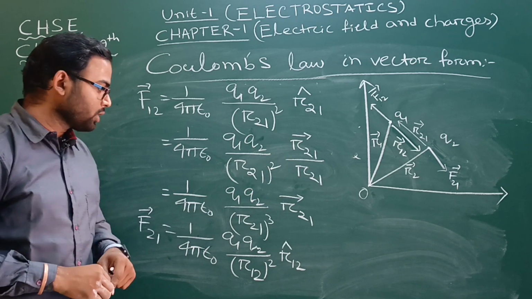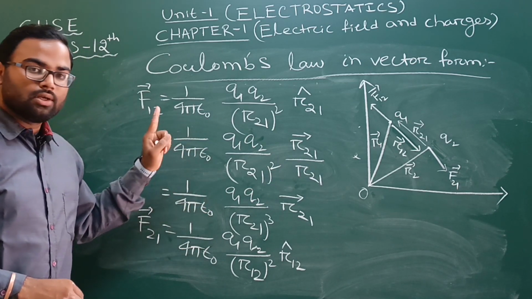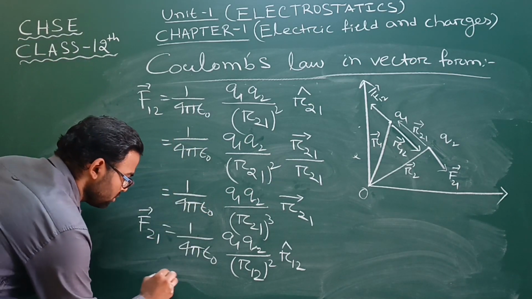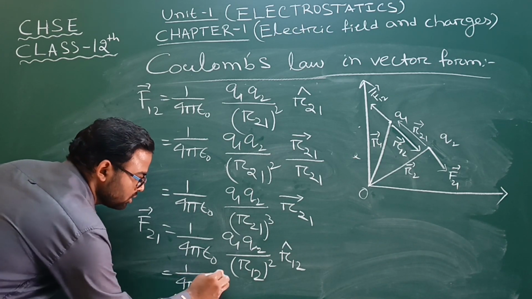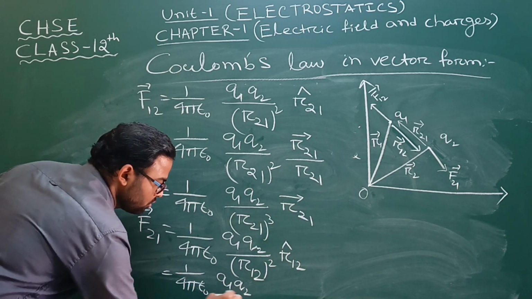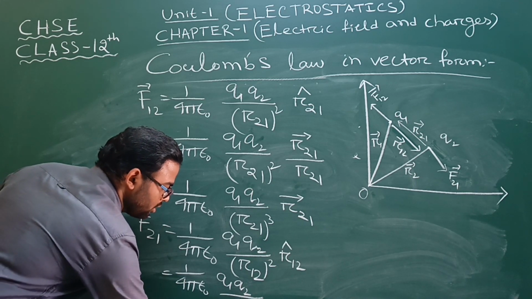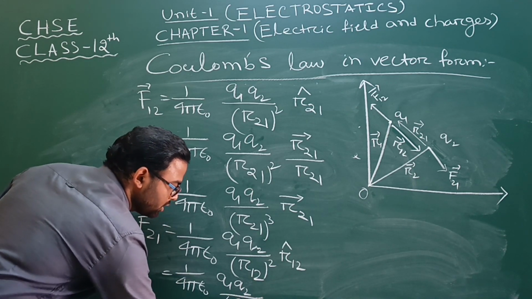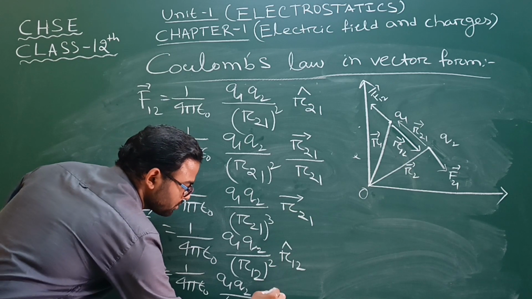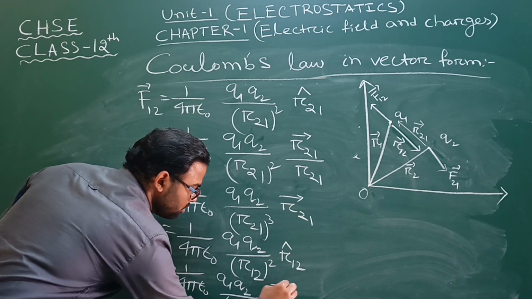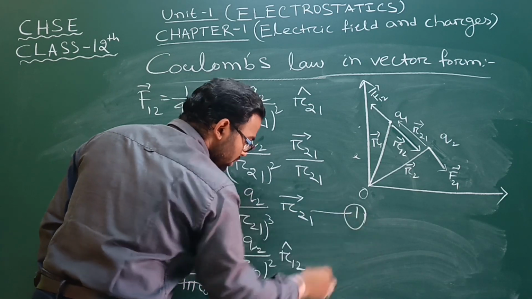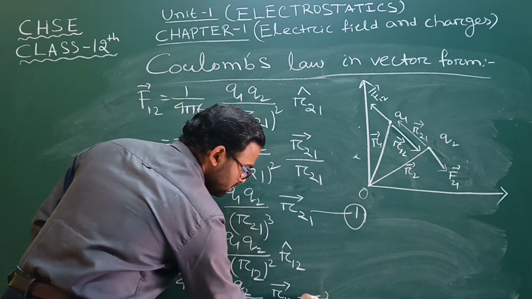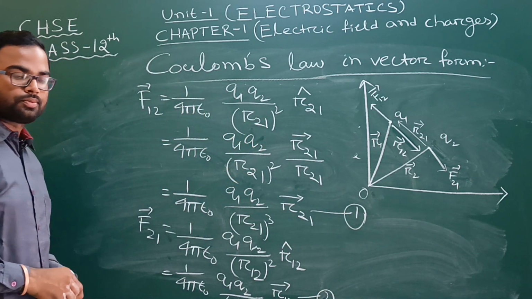Similarly, we can calculate these values. So 1 by 4 pi epsilon naught q1 q2 divided by r12 whole cube into r12 vector. Let us put this as equation 1 and this as equation 2.